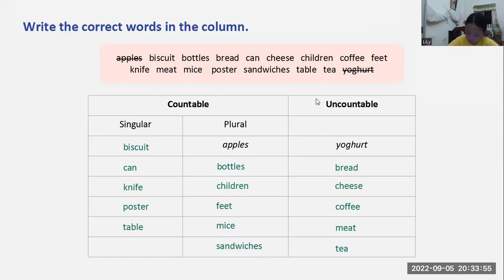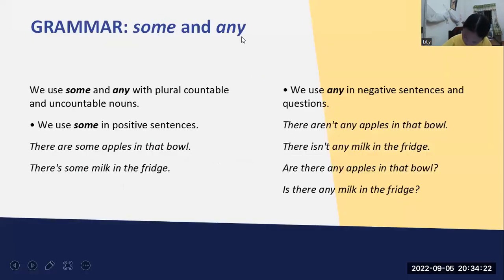Okay, how about uncountable? Bread, cheese, coffee, meat, fish. Very good. So here, I want you to read the grammar, some and any.